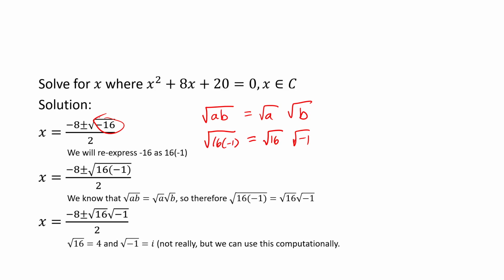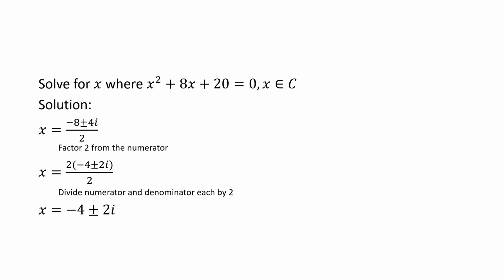So this square root of -16 that I've circled here, I can think of that as the square root of 16 times -1, which is the square root of 16 times the square root of -1. This root 16 that I've just circled is equal to 4, and this square root of -1, we're going to denote i. So we can say that x is equal to -8 plus or minus 4i all over 2.